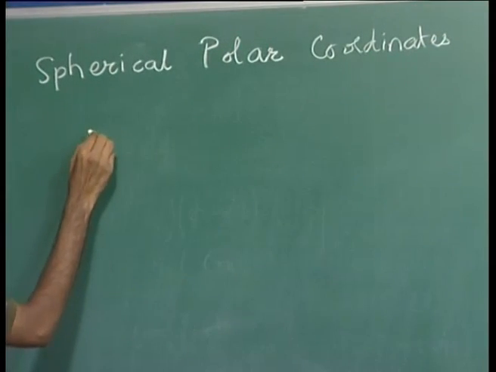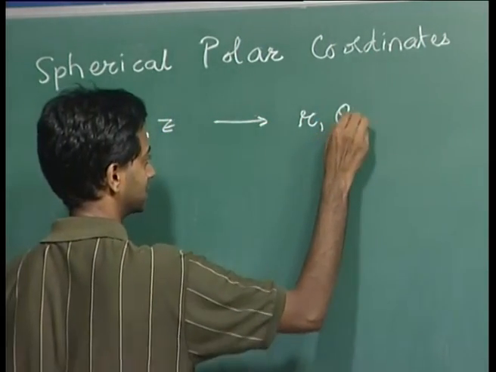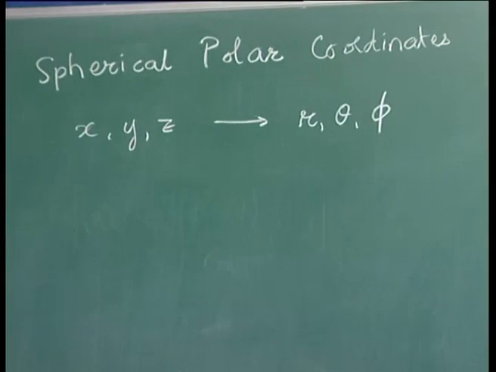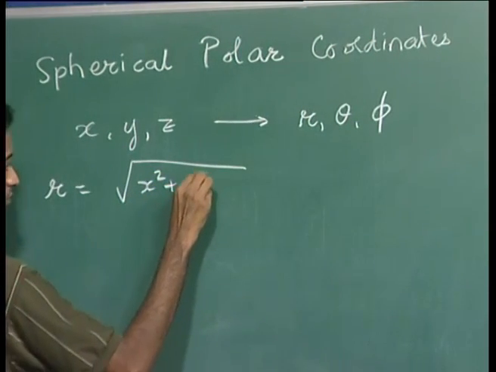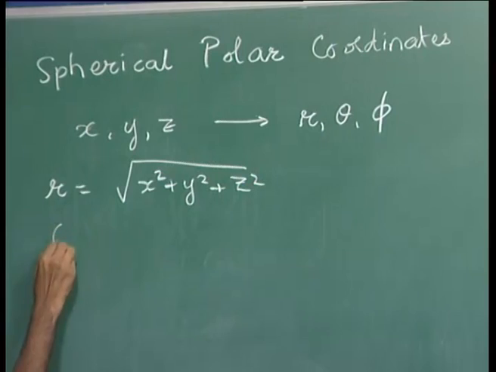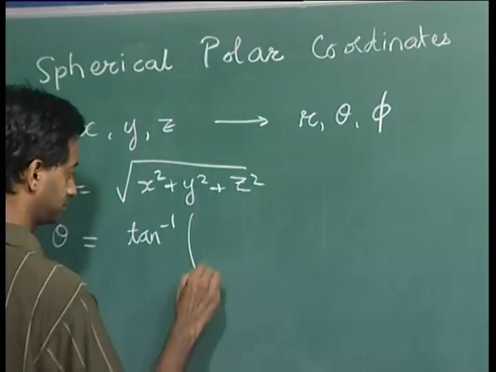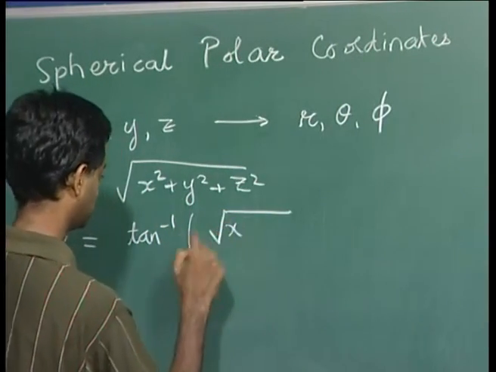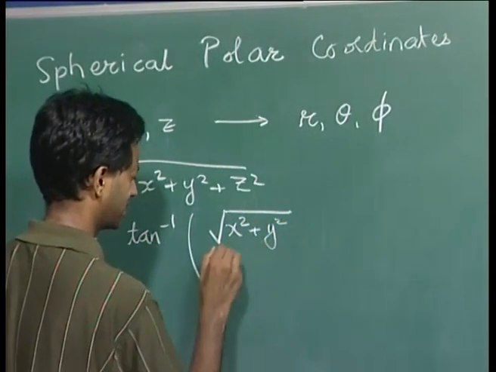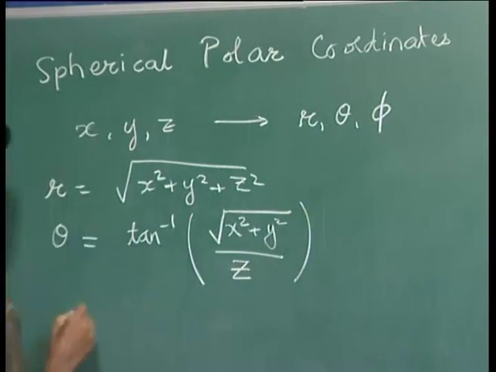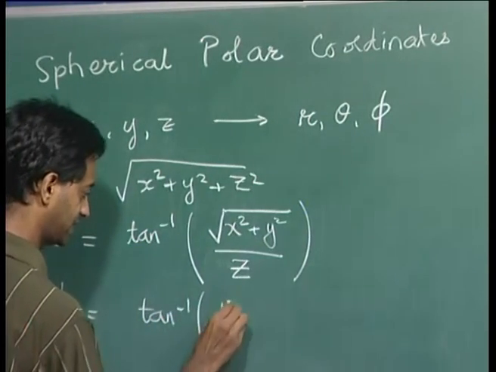in this we go from x, y and z to r, theta and phi, and the definitions are: r is equal to square root of x square plus y square plus z square, theta is equal to tan inverse, you can write it as tan inverse of square root of x square plus y square divided by z, and phi is equal to tan inverse y by x.